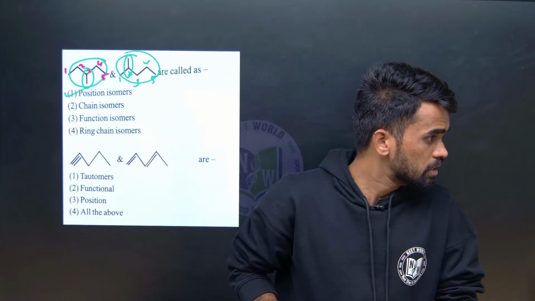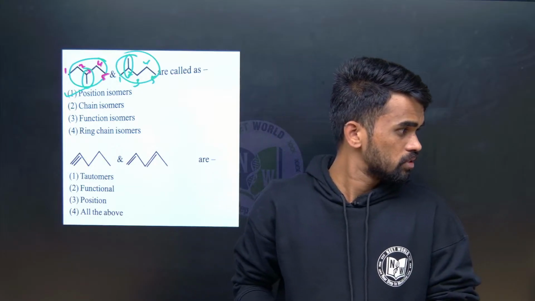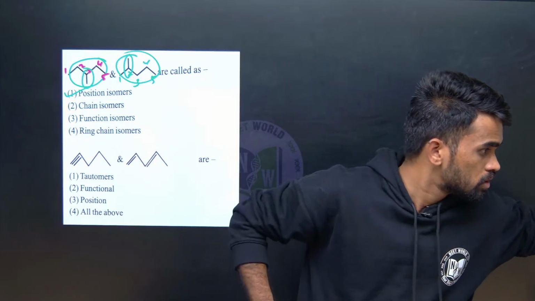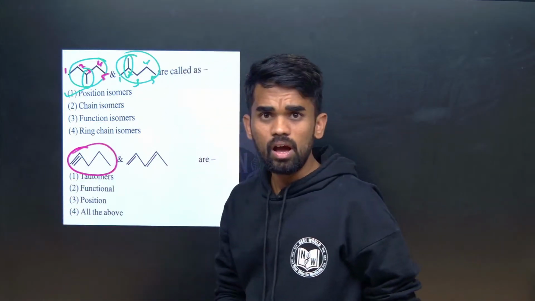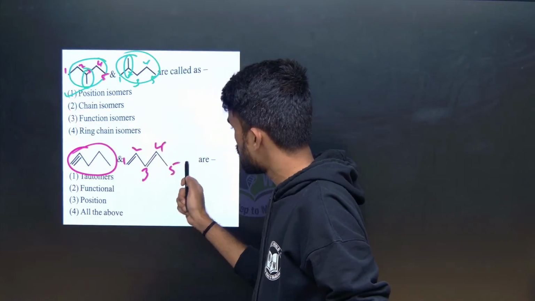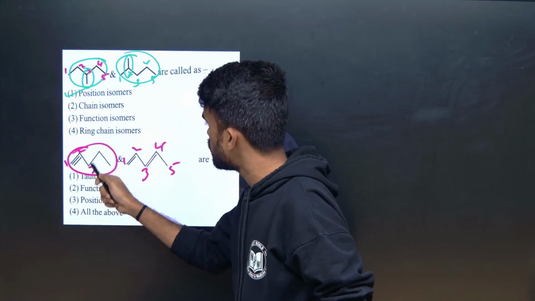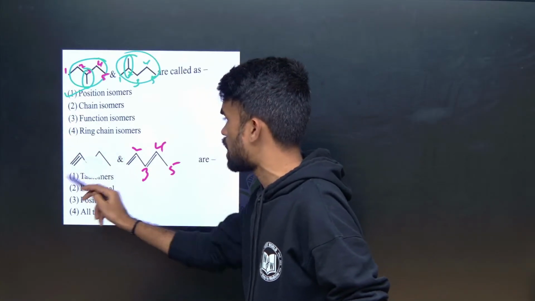Then next, what do we have here? How many carbons are in this? 1, 2, 3, 4, 5. Here also 1, 2, 3, 4, 5. So both compounds have the same number of carbons, right?